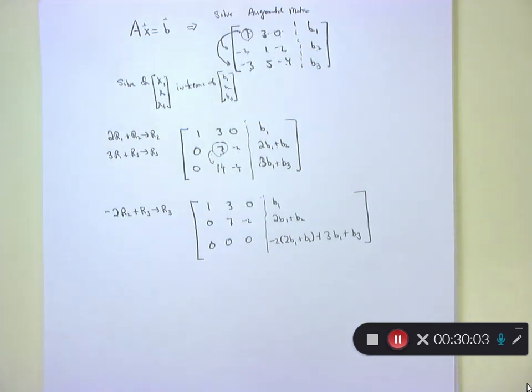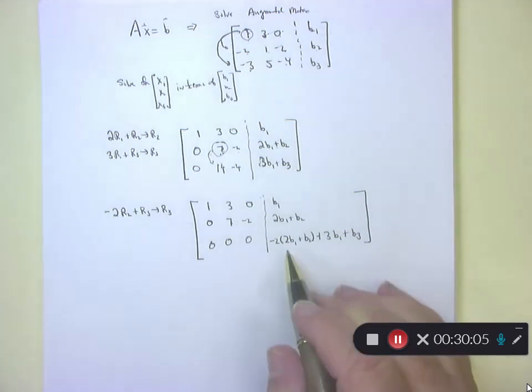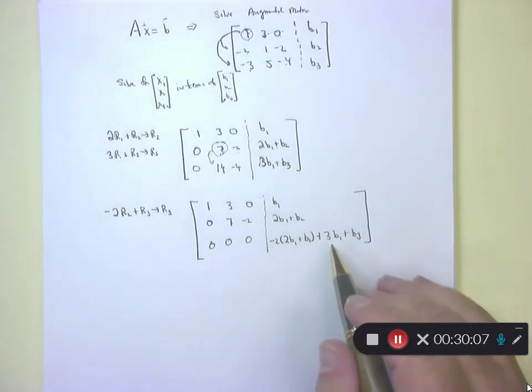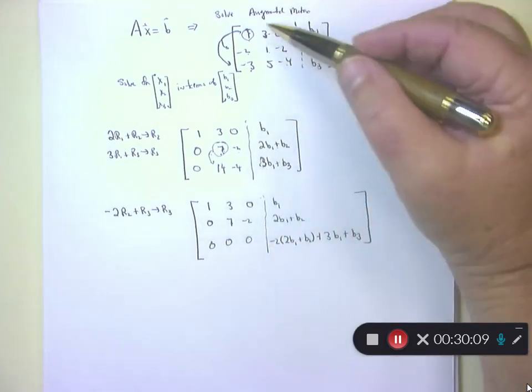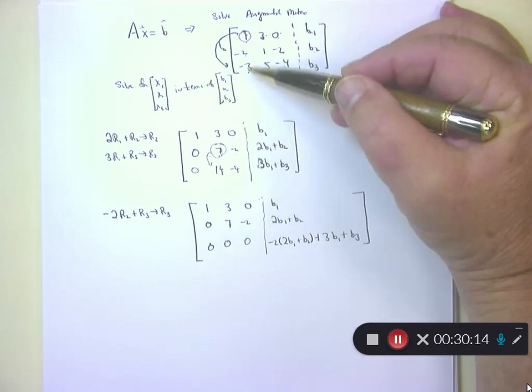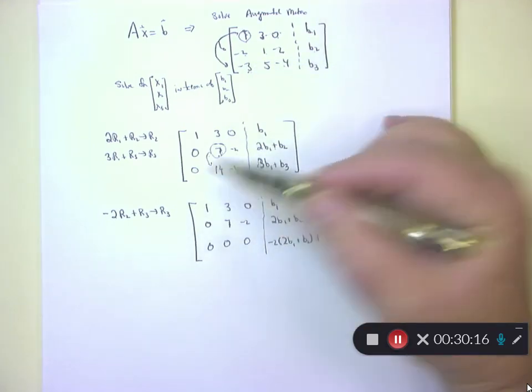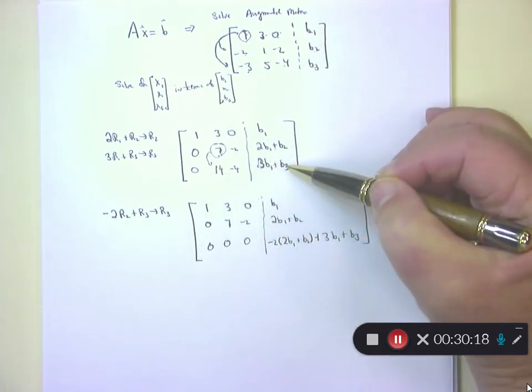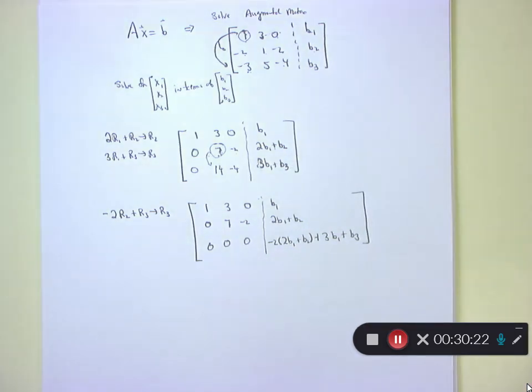Yes, ma'am? No, that's a 3 right there, because we multiplied by 3 up here. 3 times 1 is 3 plus negative 3, that's what made the 0 down here. So this is a 3B1 plus a B3. Does that make sense? Yeah.